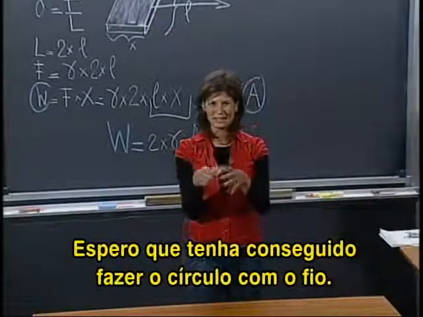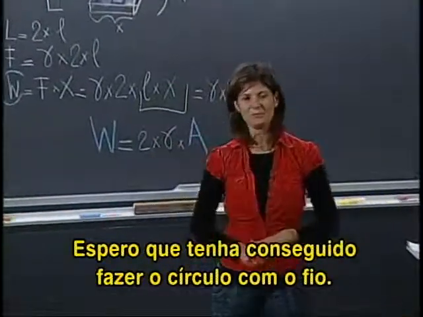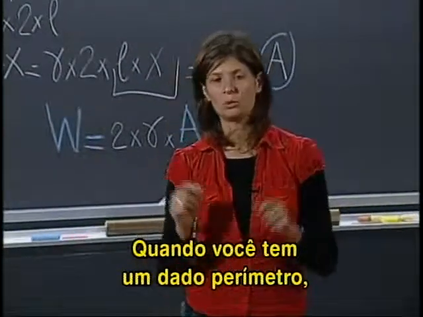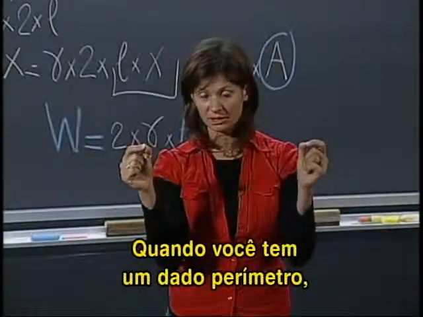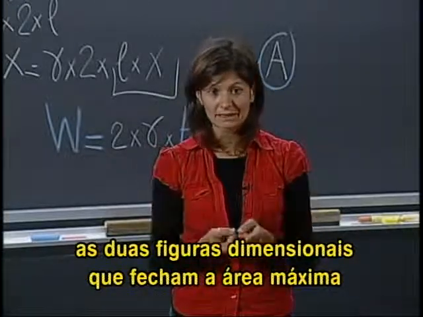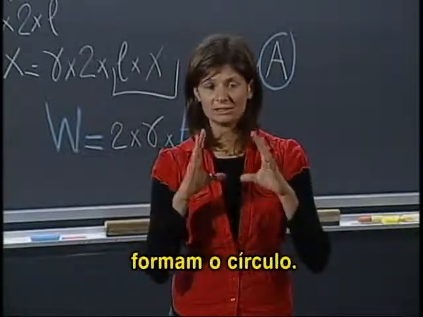That you managed to create your little circle with the thread. Do you know why that happened? Well, you should know that once you take a given perimeter, the two-dimensional figure that encloses the maximum area is the circle.